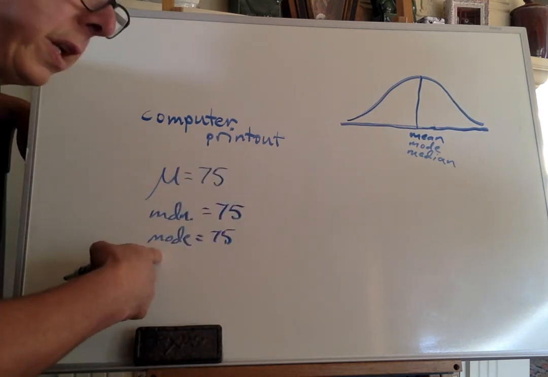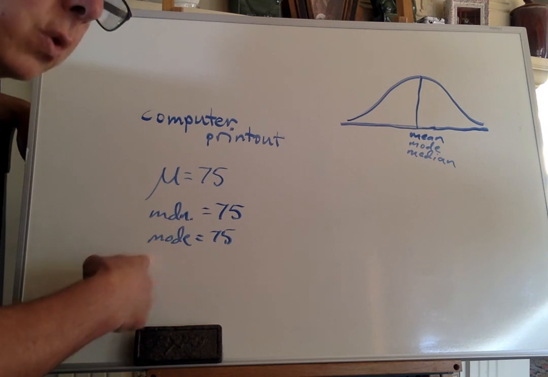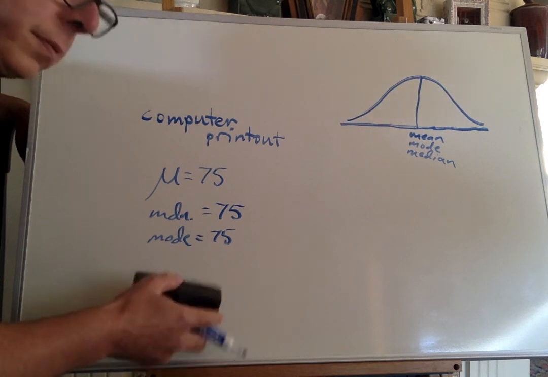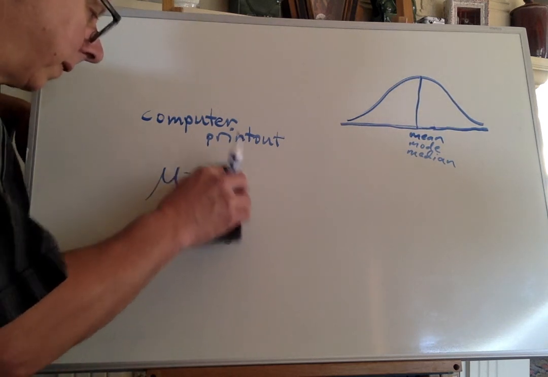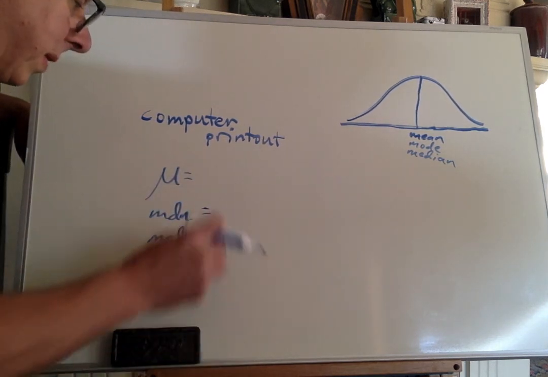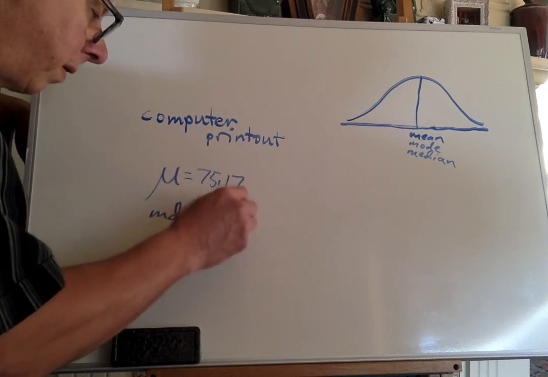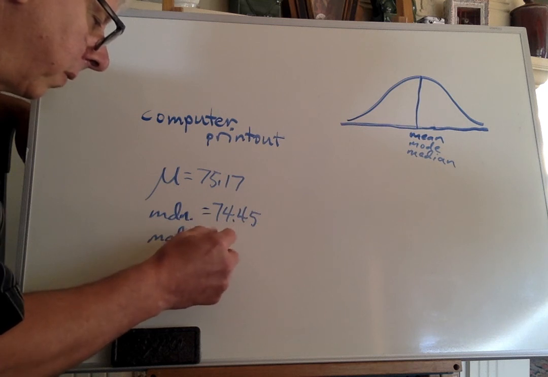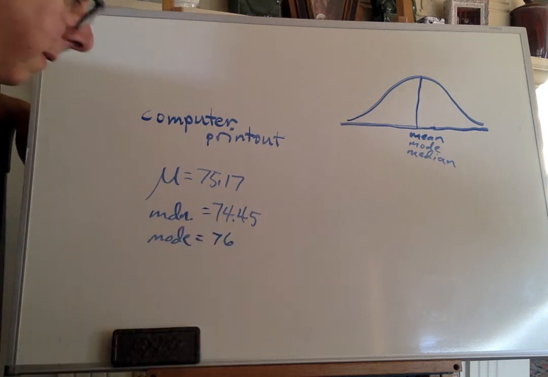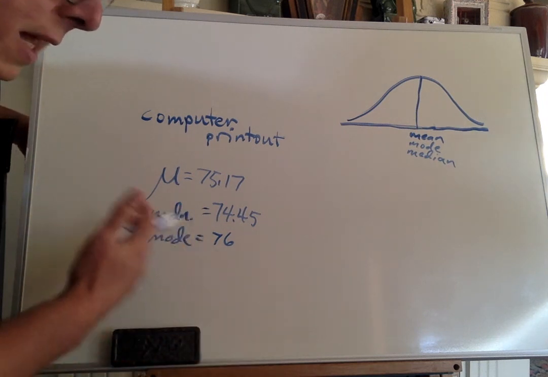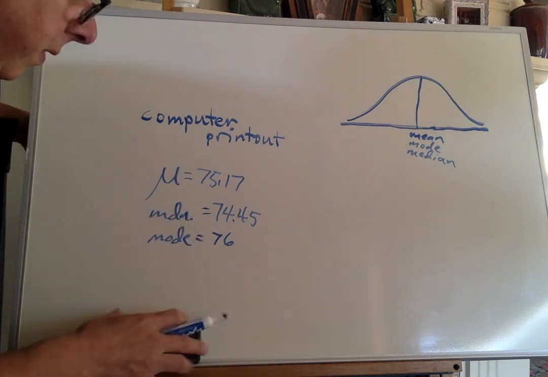That's a good indication that we have a normal curve. Now, you're rarely going to get something that clean. If you have something like 75.17 and 74.45 and the mode of 76, those are close enough that we can say, wow, that looks sort of normal.